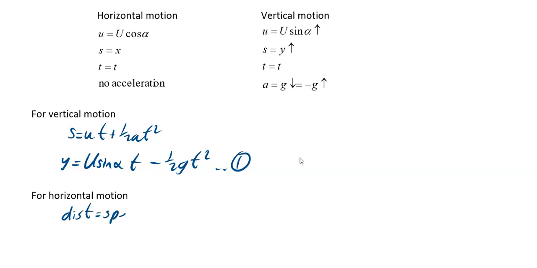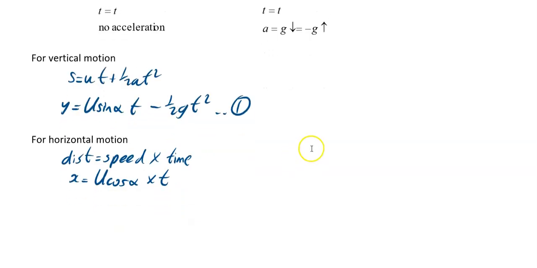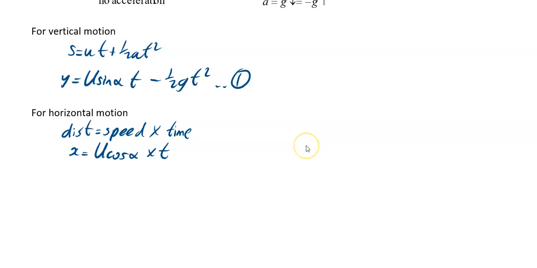Remember, speed is constant, so distance is equal to speed times time. So in this case, x is equal to u cos alpha times time. And we're going to use this equation to find an expression for t. So t is going to be equal to x divided by big U cos alpha.